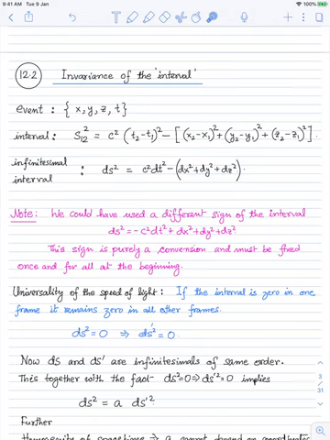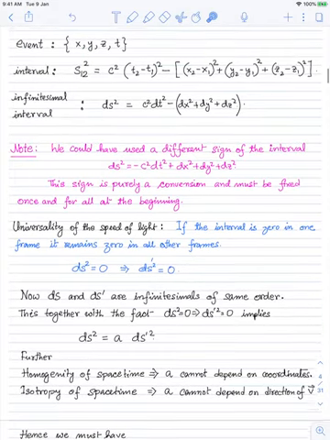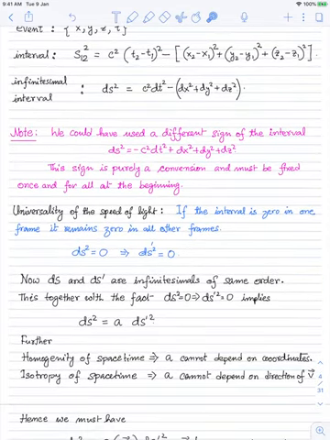Okay, so basically you see that in this ds square, the distance between the locations of the 2 events is already there, and also the time difference between the 2 events comes in. And then there is a relative minus sign between the two. So this is the idea of an interval. And why am I discussing this?